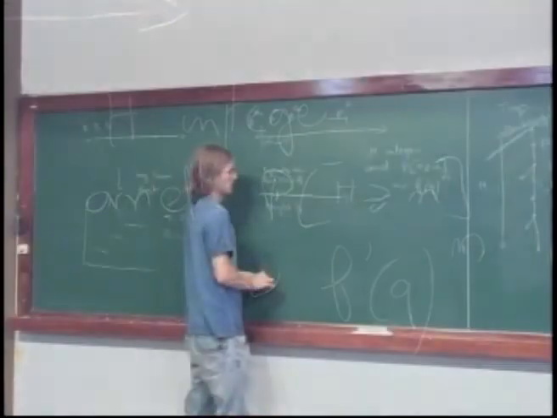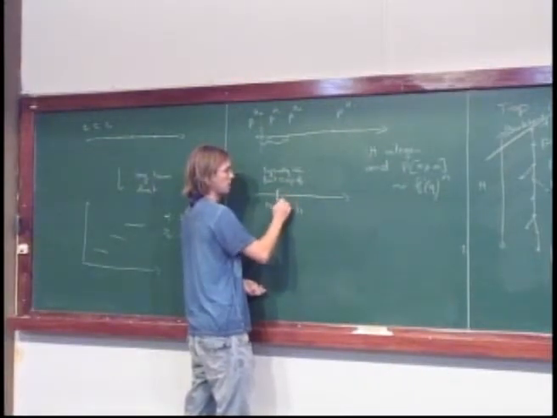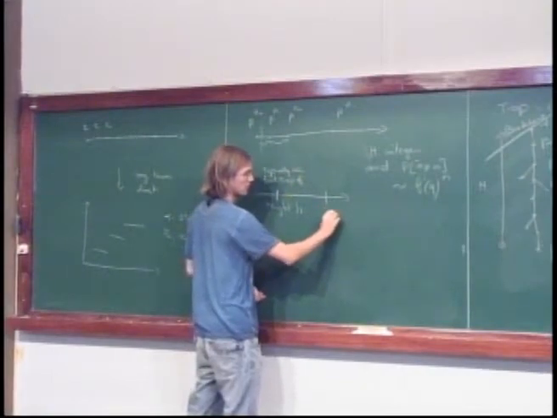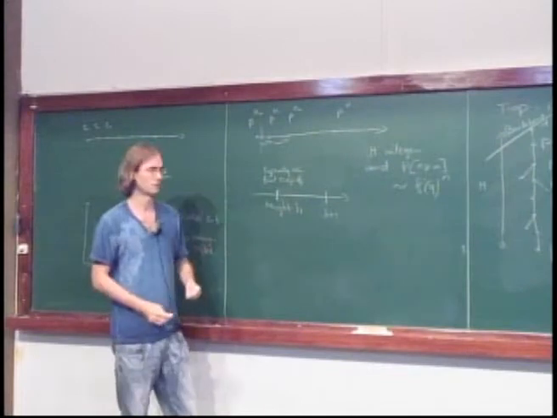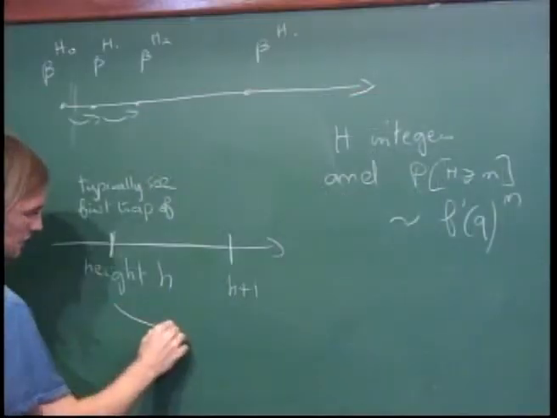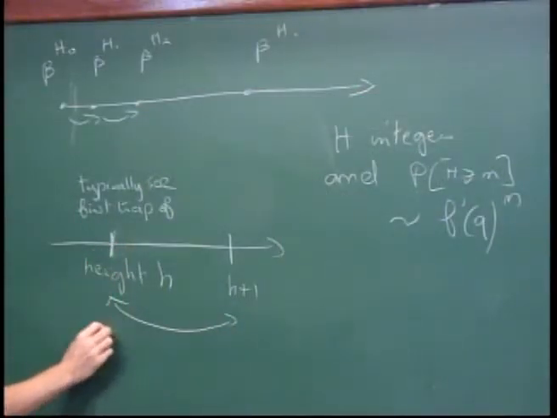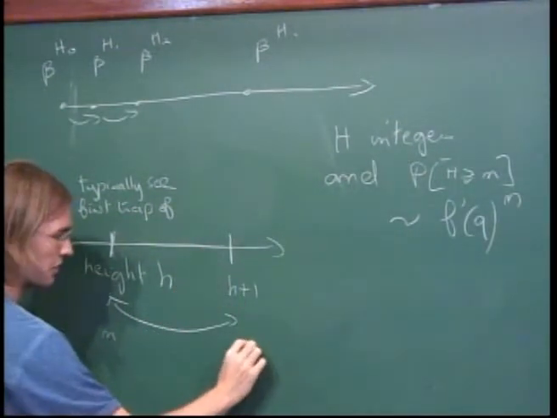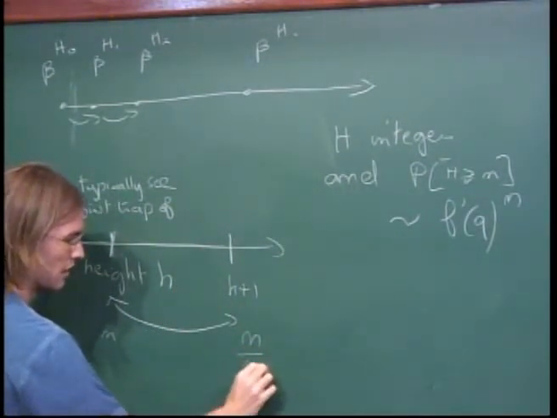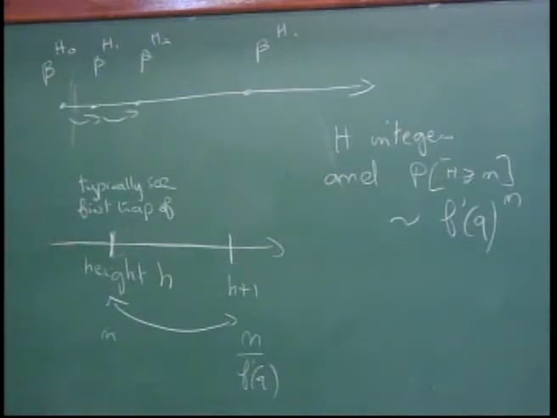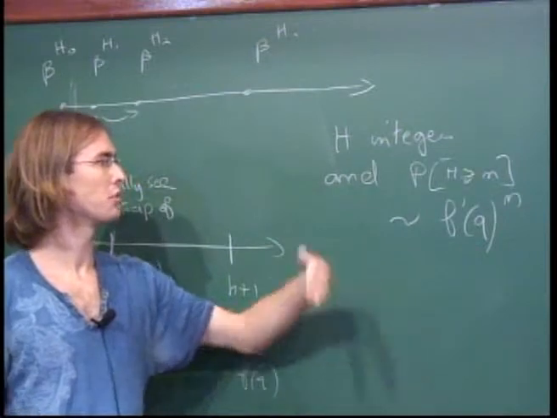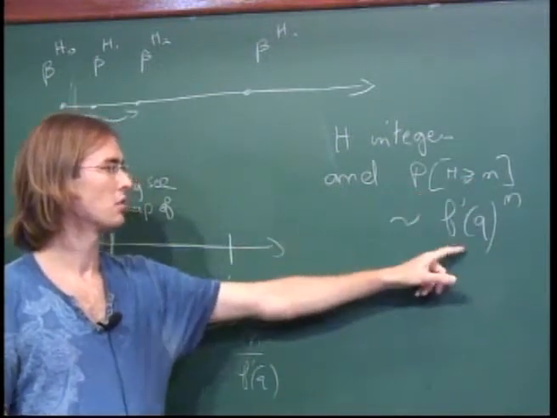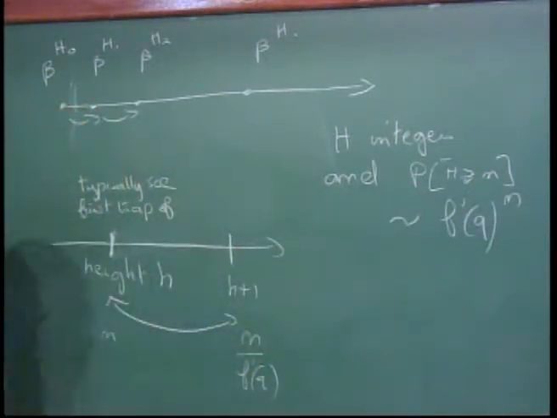And then for a while, my biggest traps are going to be of size h, and then there's going to be a moment after which I start seeing traps of height h plus 1. And if this here is at distance n, this next part here will be at distance n divided by f prime of q. This is something that comes out of this formula: if you want to increase the height by 1, you have to wait a proportion 1 over f prime of q longer.